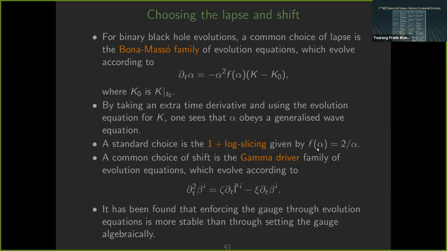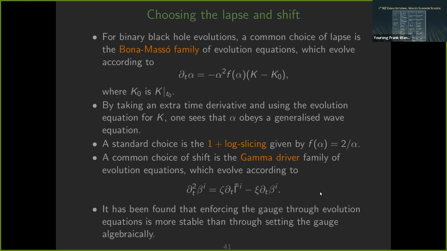So that is a nice choice for the lapse, and this is primarily for binary black holes. It works very well. The shift is chosen, usually we use these gamma drivers, which are of the following form here.